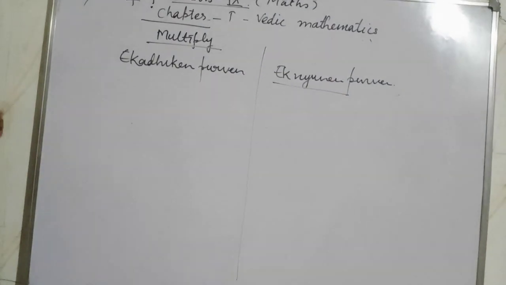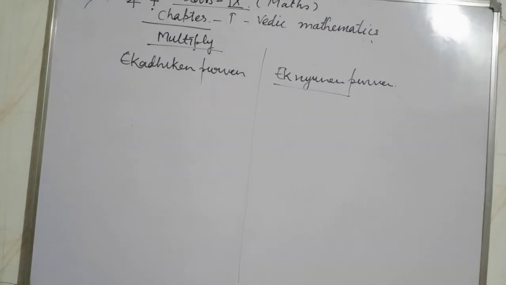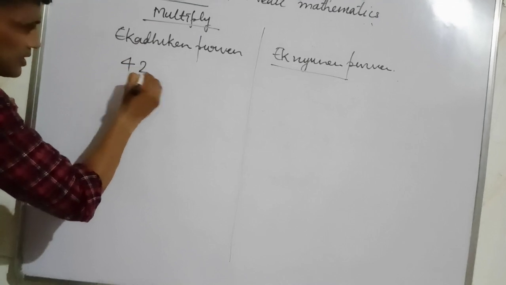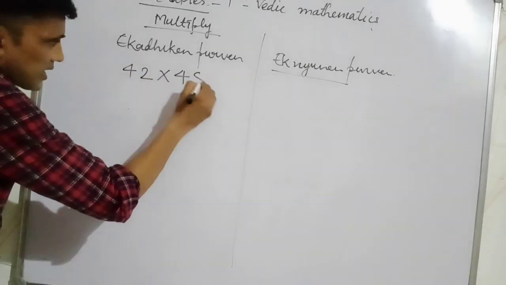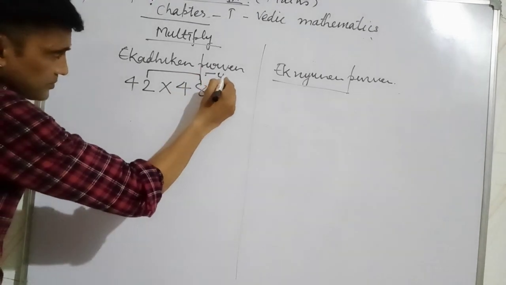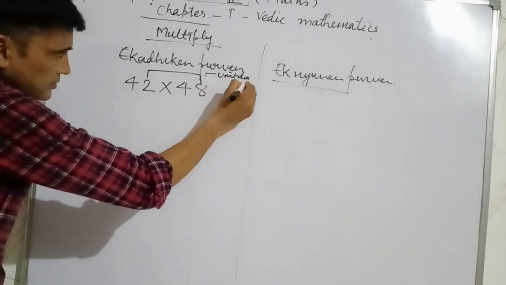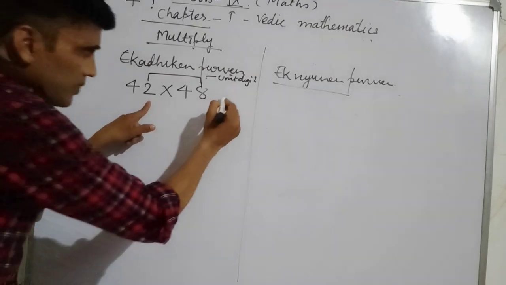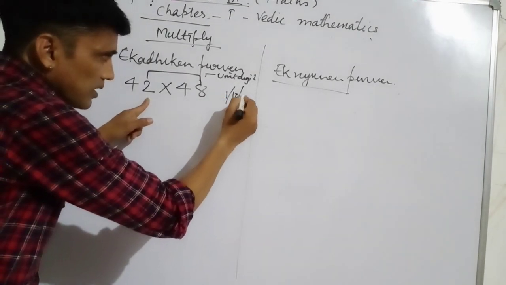The condition for Ekadhikena Purvena is that the unit digits' sum must be 1, 10 or 100. Suppose you want to multiply 42 into 48. These digits are called unit digits. The sum of the unit digits must be 10.